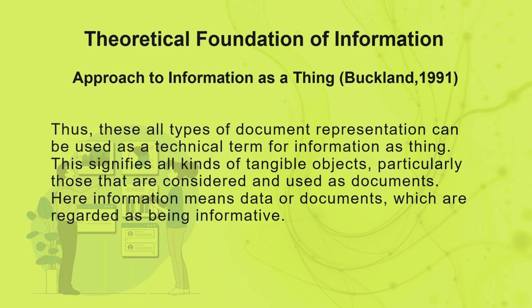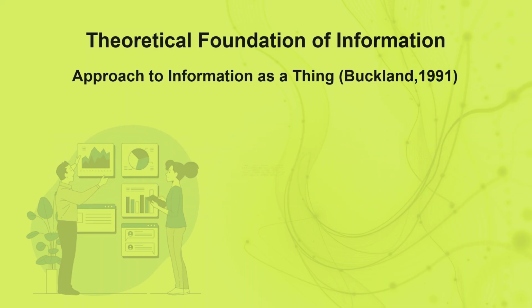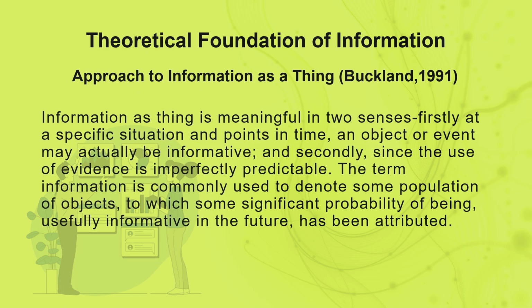This signifies all kinds of tangible objects, particularly those that are considered and used as documents. Here, information means data or documents which are regarded as being informative. Information as thing is meaningful in two senses. Firstly, at a specific situation and points in time, an object or event may actually be informative.